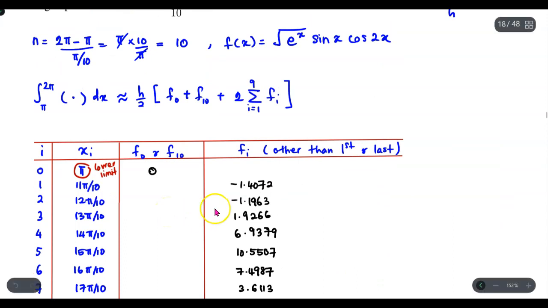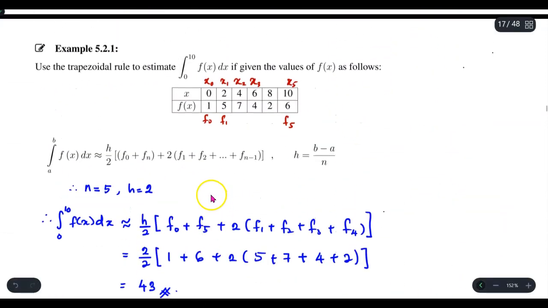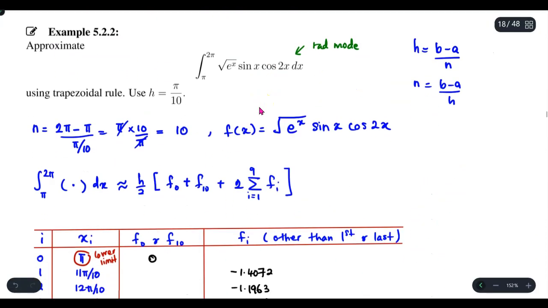If we recall, we have two examples. You might be given your f(x) in terms of tabulated data, but this is not quite popular to be asked. You normally have this kind of question in your test or in your final exam.